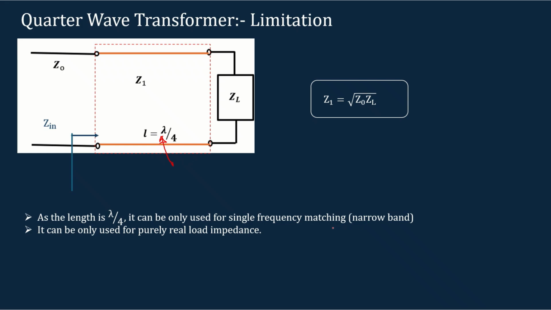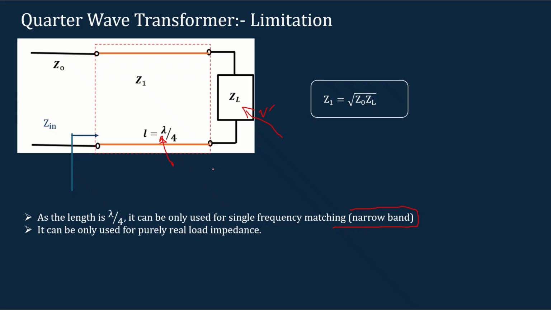That is, it can only be used for narrow band usage. Also, it can only be used if the load impedance is purely real, that is, if it has only the real, resistive part of impedance. So these are the two main limitations of the quarter wave transformer.